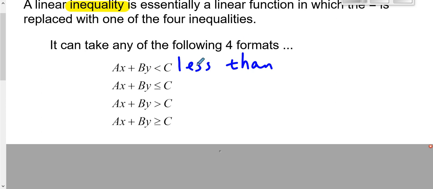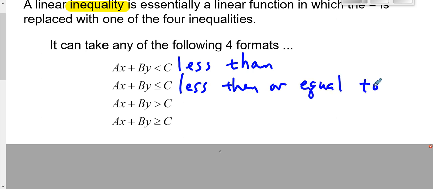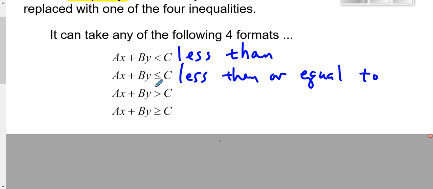Second inequality here is less than or equal to, because as you can see we have the less than, but also this is the equal sign, so there are 2 things going on. So you can read that as ax plus by less than or equal to c. So it may be less than c, it may also be equal to c.